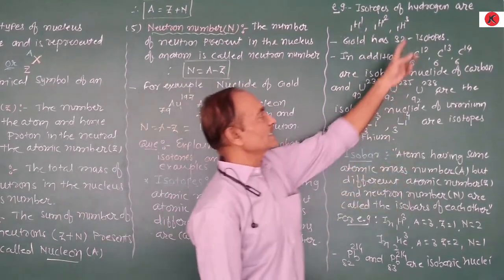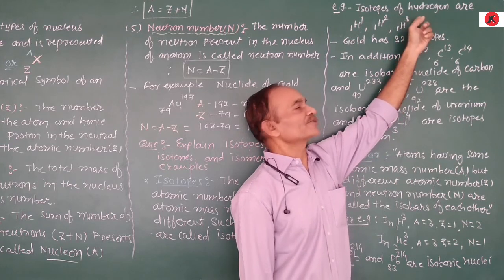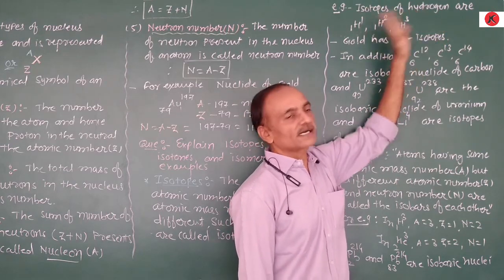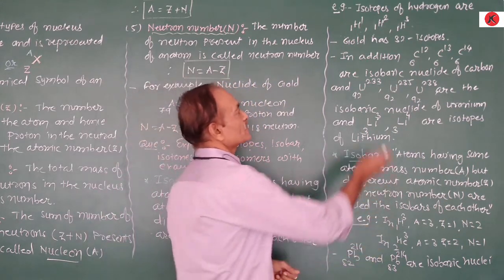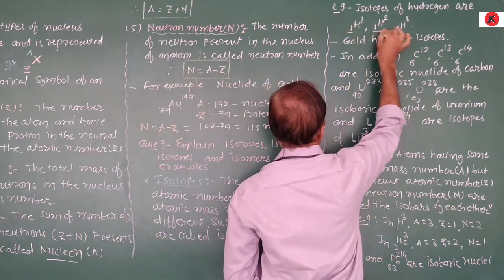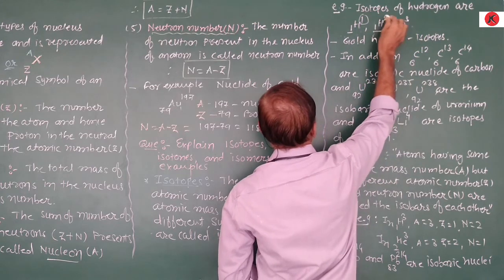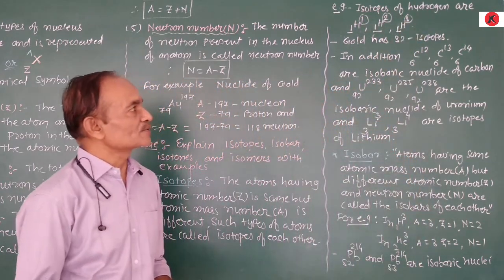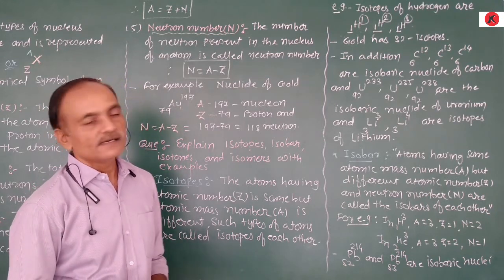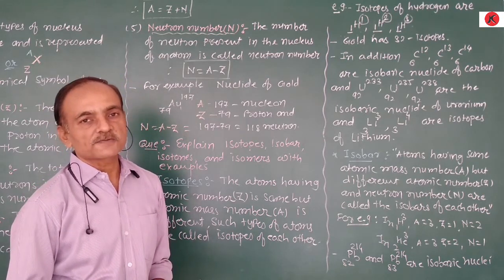Now 1H3, 1 proton, 2 neutrons, and the total number of nucleons is 3. These are the isotopes of hydrogen because the Z are the same but the A are different.